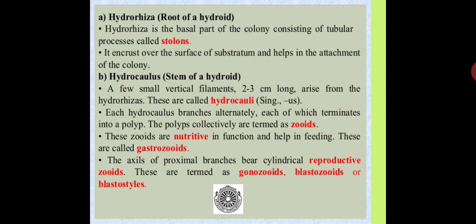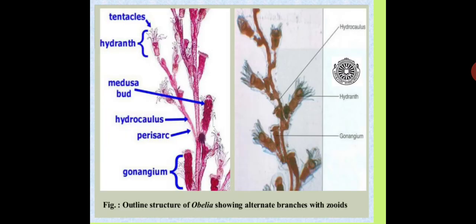The polyps collectively are termed zooids, and these zooids are nutritive in function and help in feeding; such zooids are called gastrozooids, which I already told you. The axis of proximal branches bears cylindrical reproductive zooids, which are termed gonozooids or blastozooids or blastostyles.